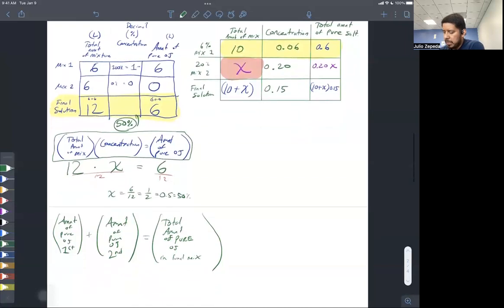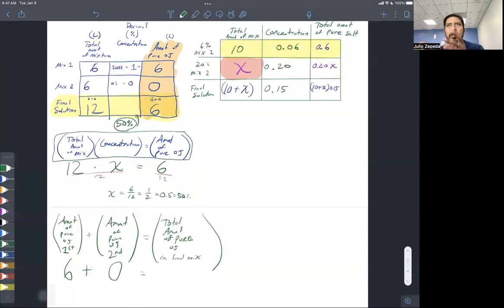And you can see that in this right-hand column here. If there are 6 liters of pure orange juice in the first solution, no pure orange juice in the second solution, when you mix those two up, sure, there's going to be a mixture. It's no longer going to be 100% orange juice. It's all going to be mixed up.